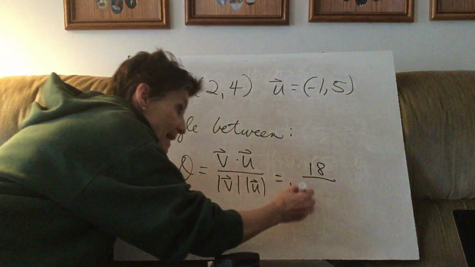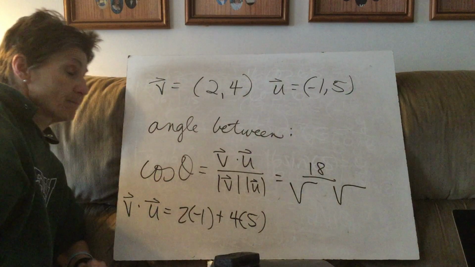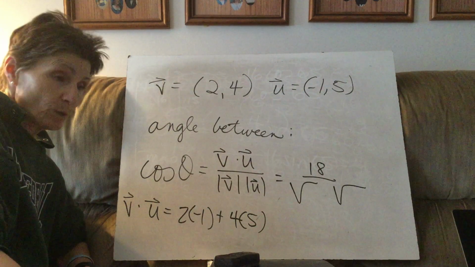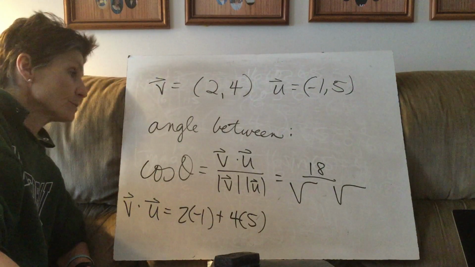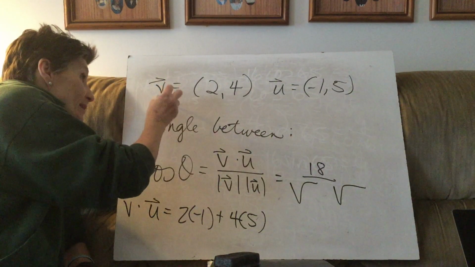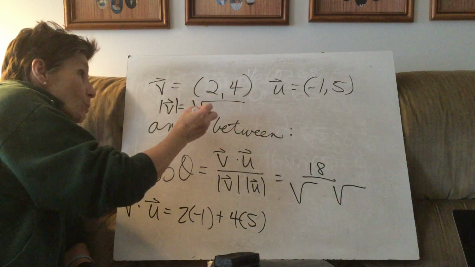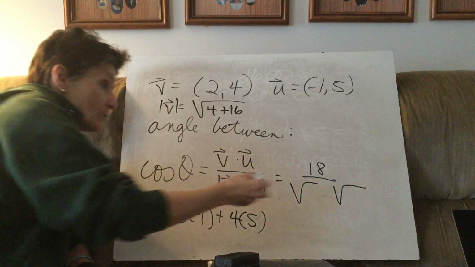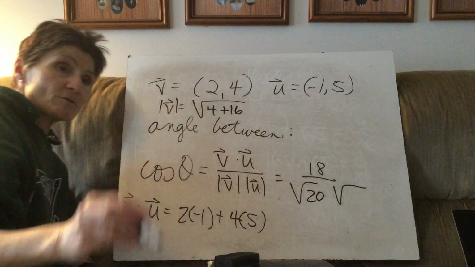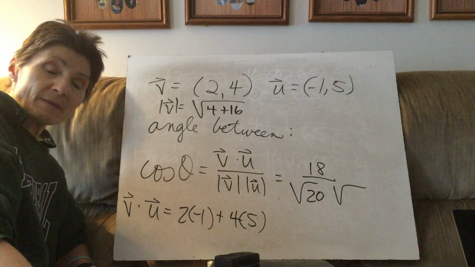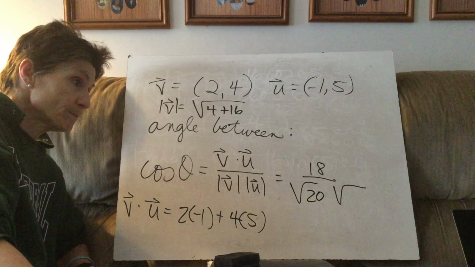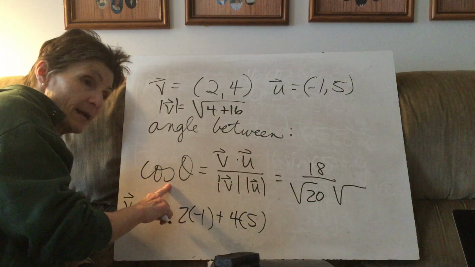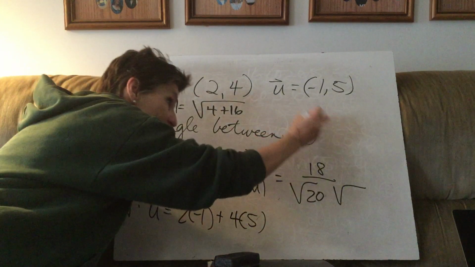Now I'm going to divide that by the two magnitudes. And I know they're radicals because magnitude, remember, we square the first, square the second, add them together, and take the square root. So now we're going to find the magnitude of vector v, which is going to be 4 plus 16. So the magnitude of vector v is root 20. Don't bother simplifying. Please don't. It makes it easier if you don't. Just leave it alone. Remember, this is not going in the answer blank. This is the cosine. You have to find the angle.